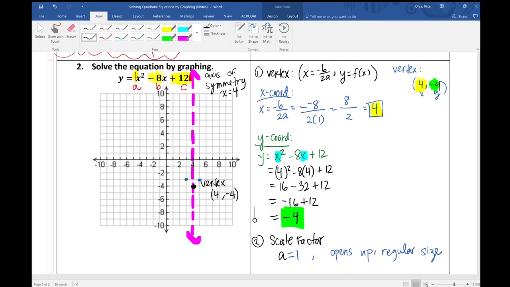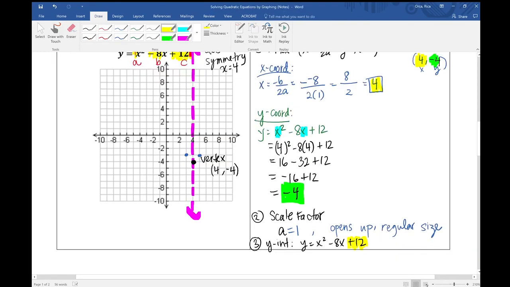Step number 3, the y-intercept is at, well, we have y equals x squared minus 8x plus 12. The y-intercept is at positive 12. So let's plot the y-intercept. Notice how my grid doesn't go all the way to 12, so I'll just go ahead and extend it.